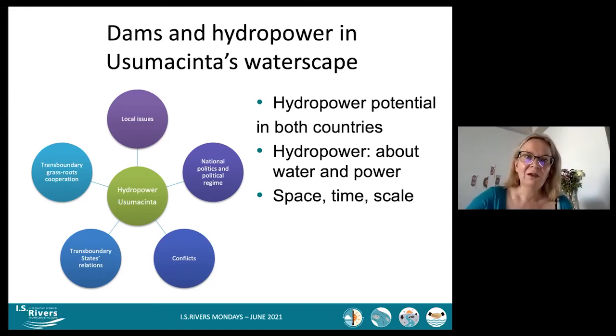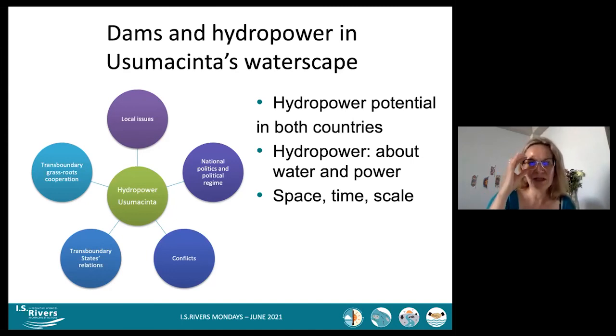We can talk about Mexico's project to build a dam in the 1980s, but that was not actually built because there was a refusal of Guatemala to have part of the dam on its territory.